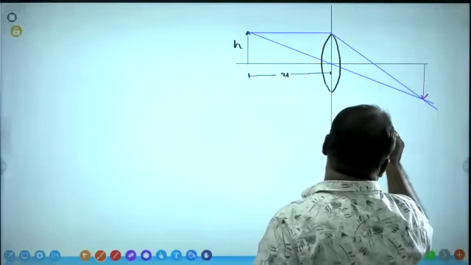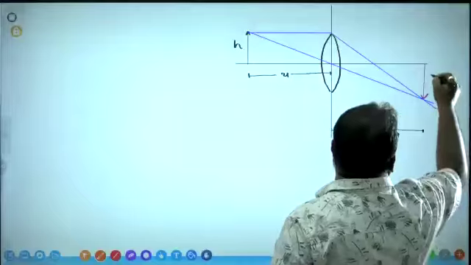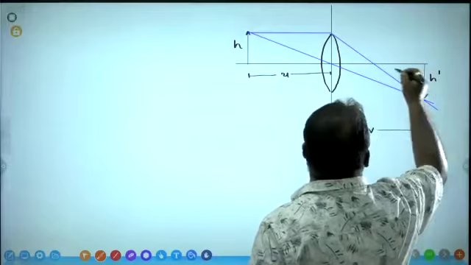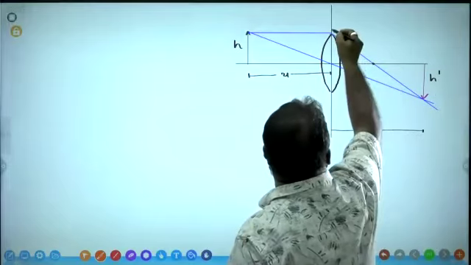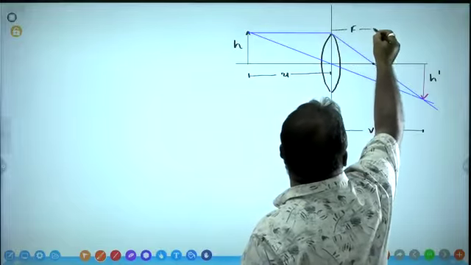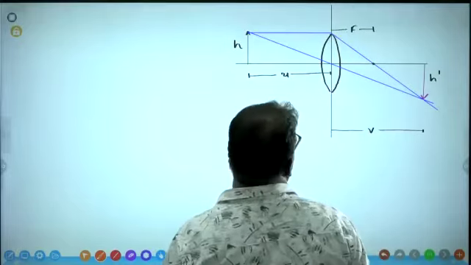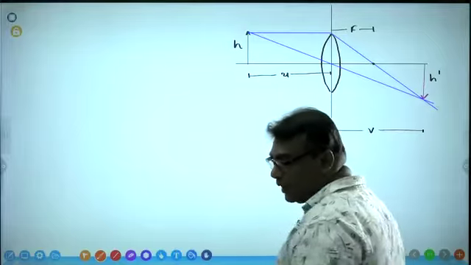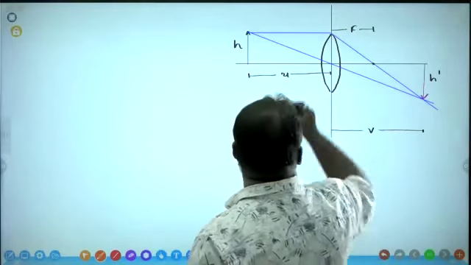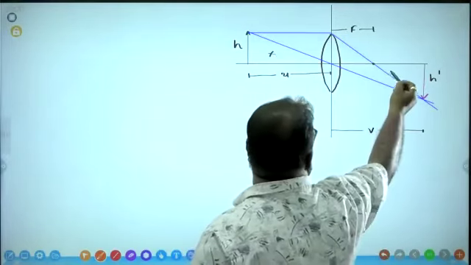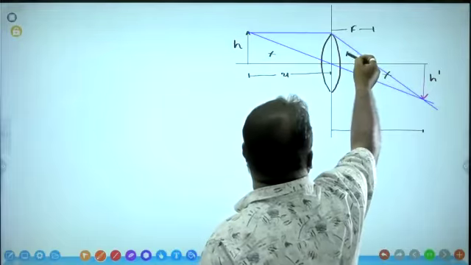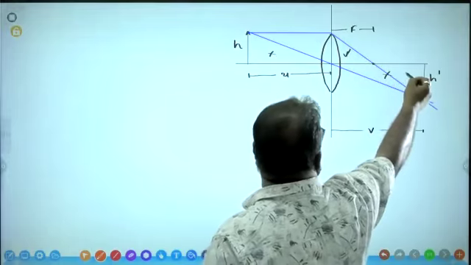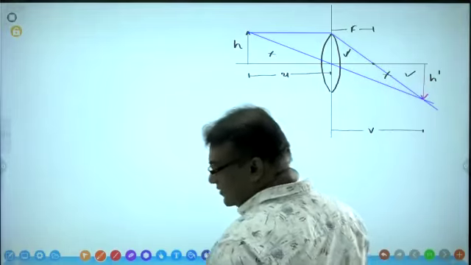Here is the image distance, and the image height is h dash. Here we have the focal length. Then select these two triangles, which are similar triangles, and these two triangles are also similar.